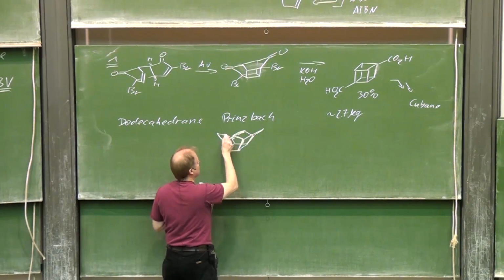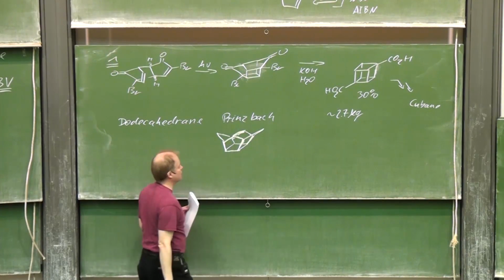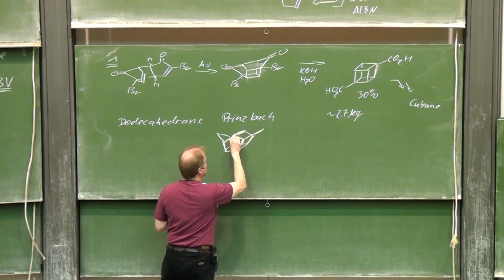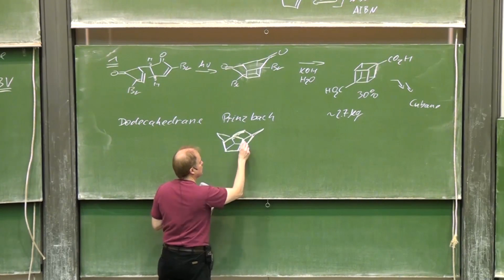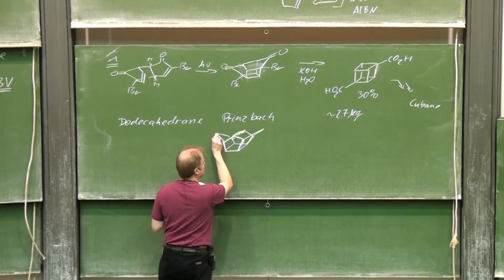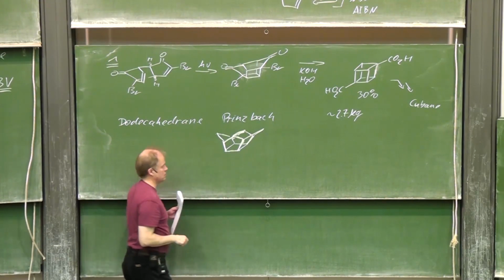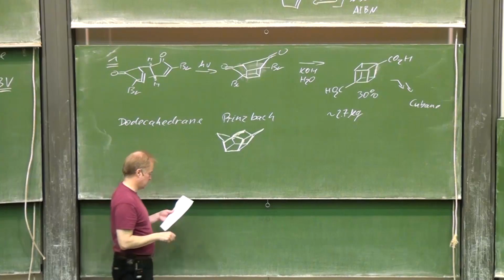And then these methylene groups, a C-C single bond connecting the two 5-membered rings. Here a methylene group, there a methylene group, and in the center we have a 4-membered ring.